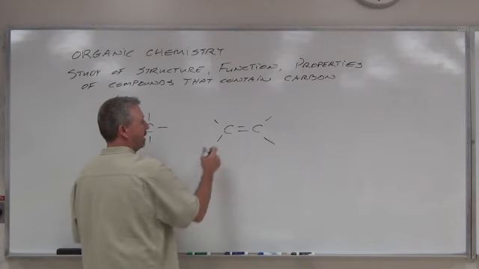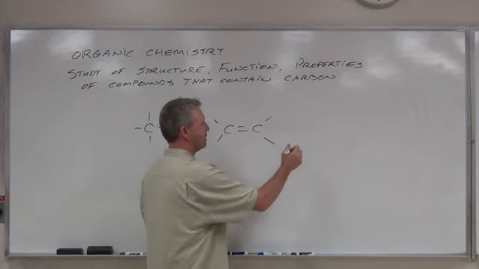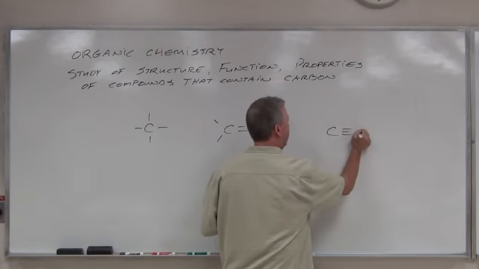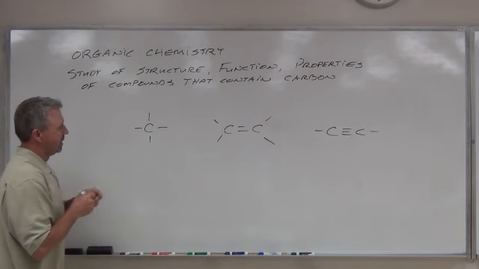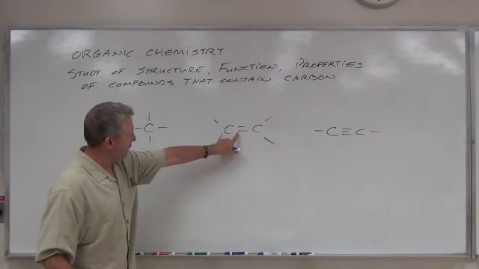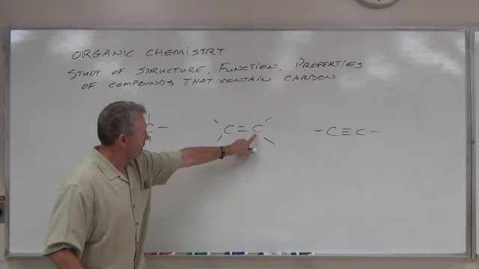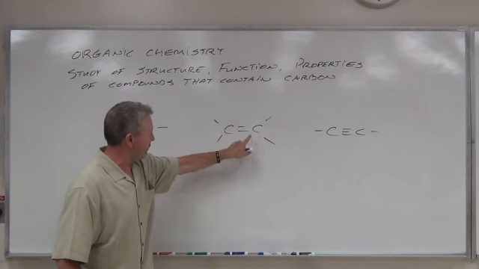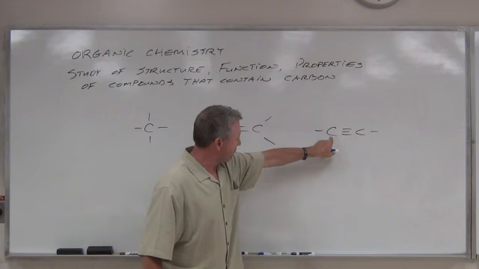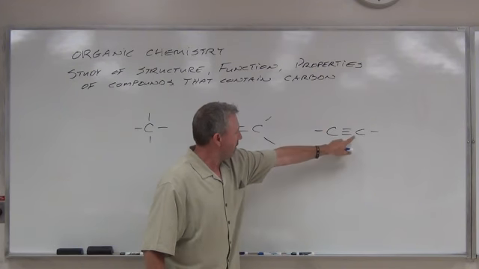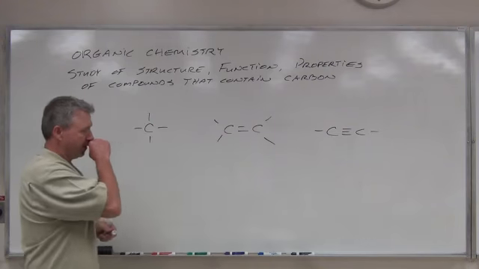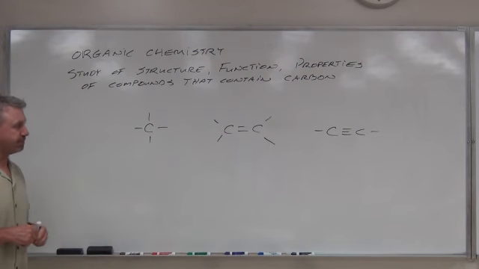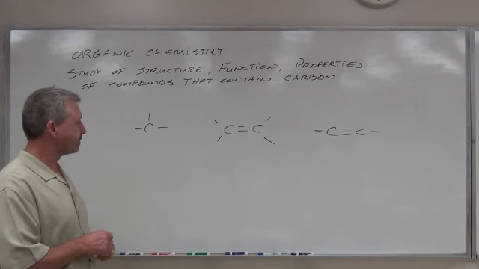You can have carbon with double bonds, and you can have carbon with triple bonds. But notice in each case, every carbon always has 4 bonds. 1, 2, 3, 4. This carbon has 1, 2, 3, 4. Over here, this carbon 1, 2, 3, 4. This one, 1, 2, 3. So it can do some pretty remarkable things.